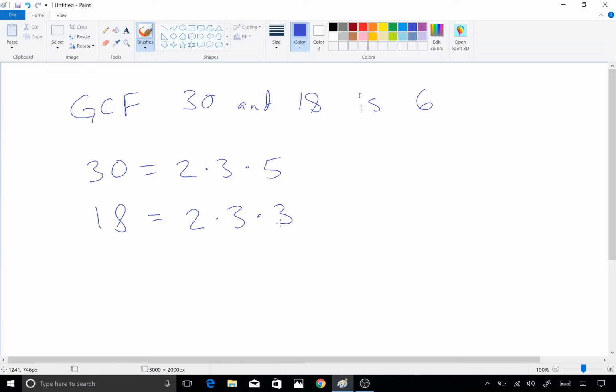I have a 2 here and a 2 here, a 3 here and a 3 here. What's left is a 5 and a 3. Those don't match, so I can leave them. 2 and 3 are the factors that match. 2 times 3 equals 6 is the greatest common factor.